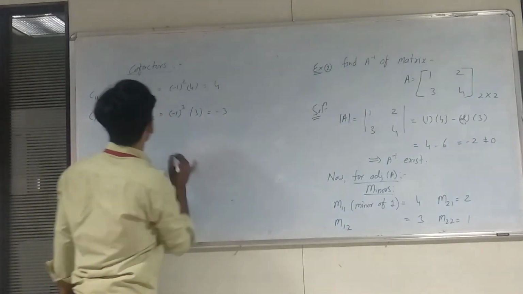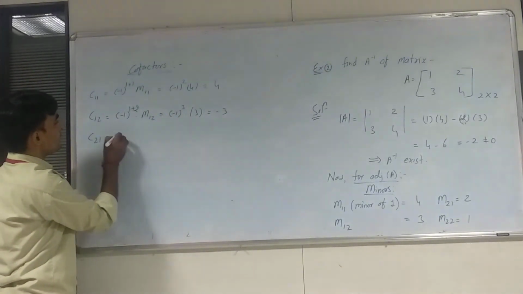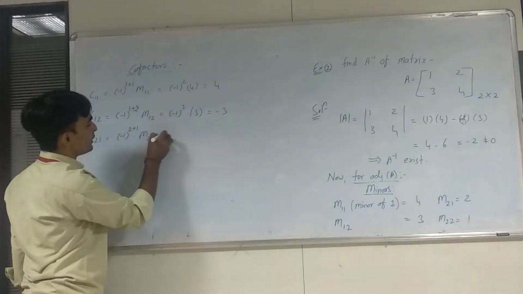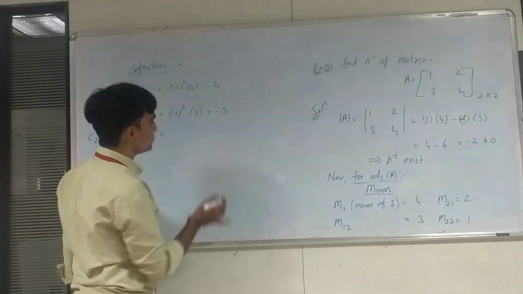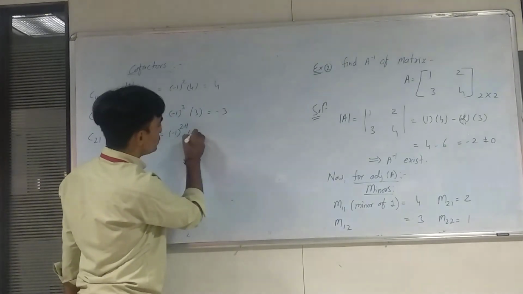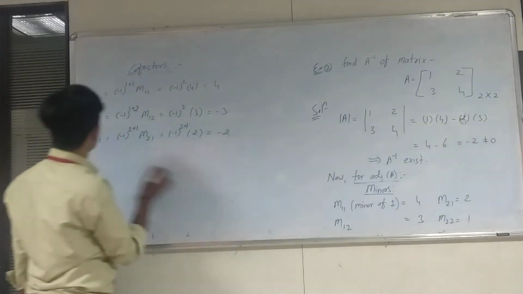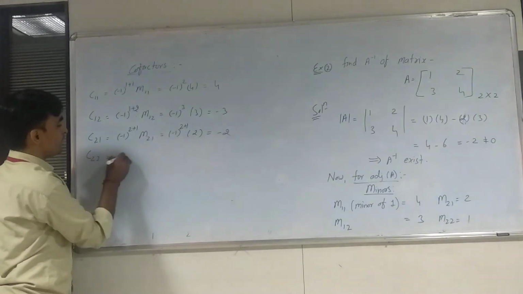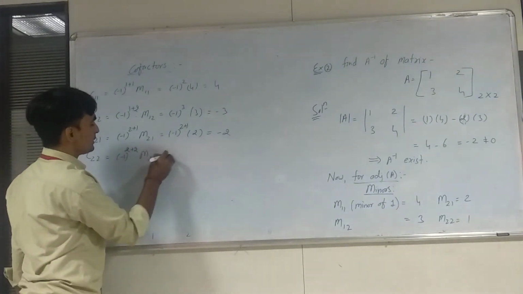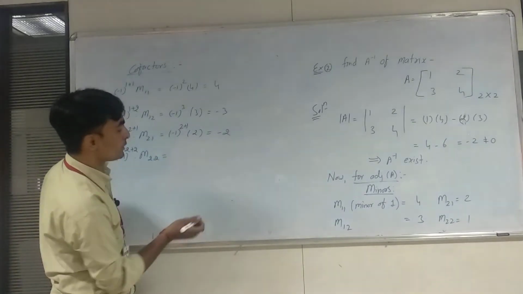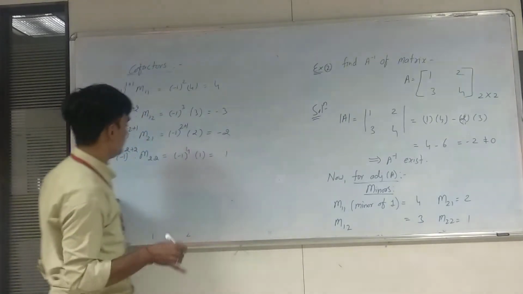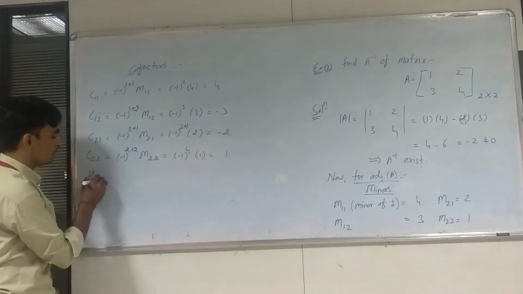So it is minus 3. C21, minus 1 power 2 plus 1 M21. M21 it is 3, or 2 sorry. It is minus 1 power 2 plus 1 into 2. So it is minus 2. C22 it is minus 1 power 2 plus 2 M22. M22 it is 1. So answer is minus 1 power 4 into 1. So it is 1.